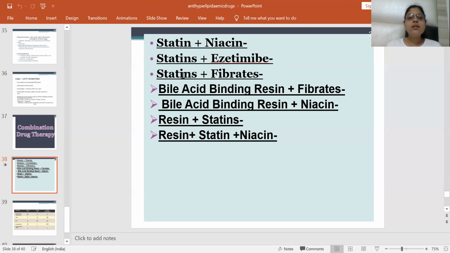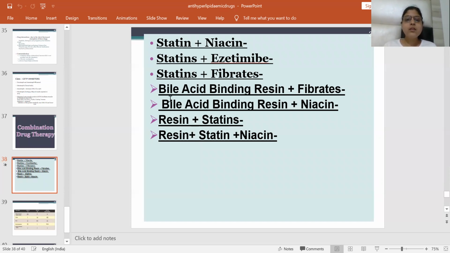Statins, again, are the HMG-CoA reductase inhibitors, cholesterol synthesis inhibitors. Fibrates will activate the peroxisome proliferator activated receptor alpha, leading to enhanced lipoprotein lipase activity, leading to decreased production of free fatty acids, and decreased production of VLDL and LDL, and the LDL levels will reduce.